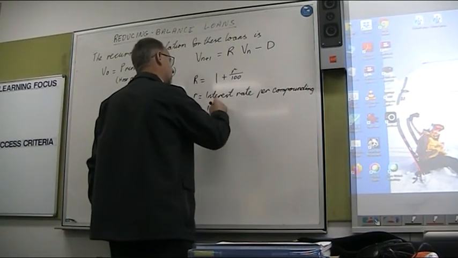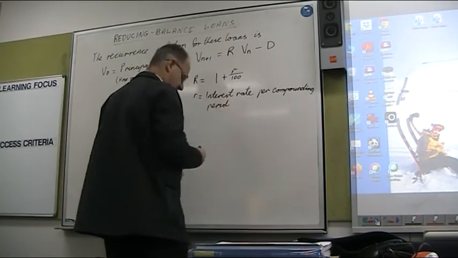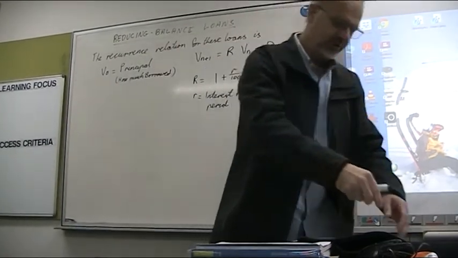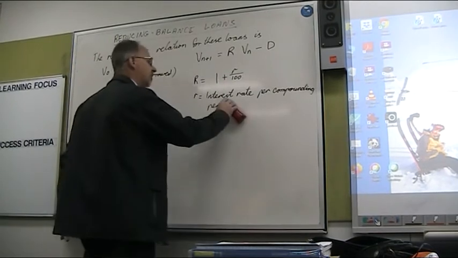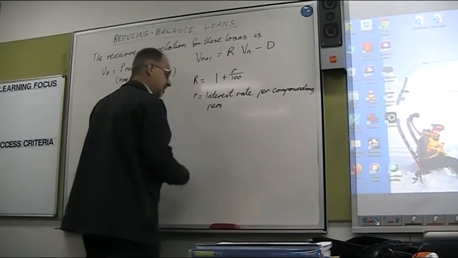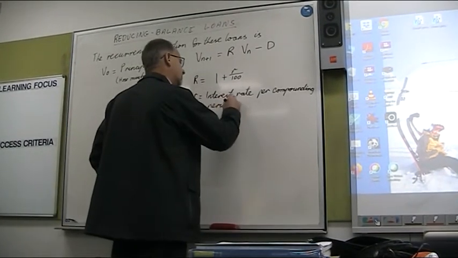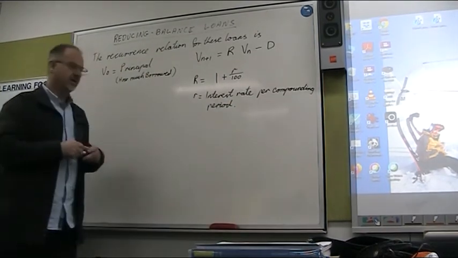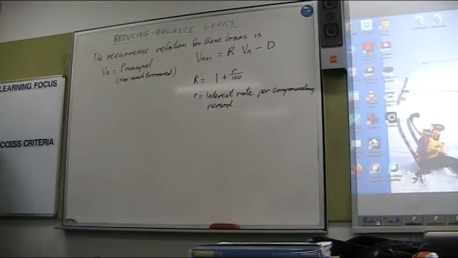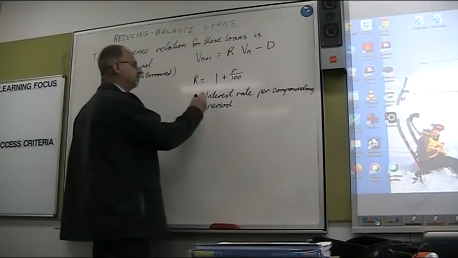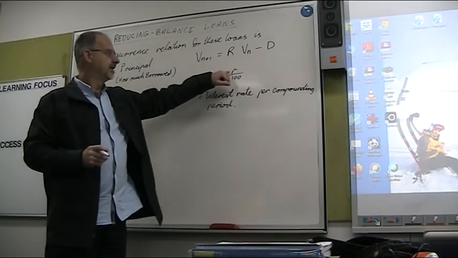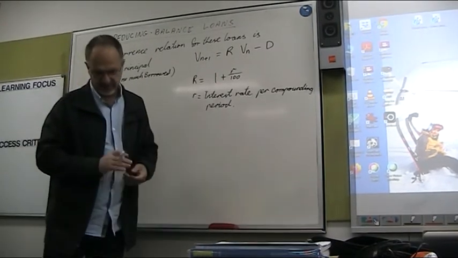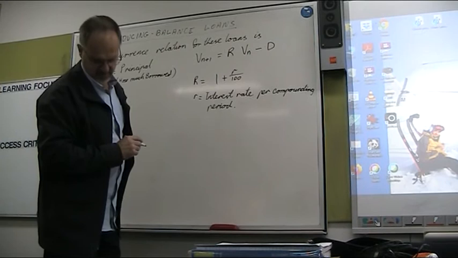Now you notice that I have not used the word per year or per annum, rather per compounding period, because the interest is not necessarily going to get charged once a year, it can get charged monthly. It's pretty common. So we'll get to that in a minute.